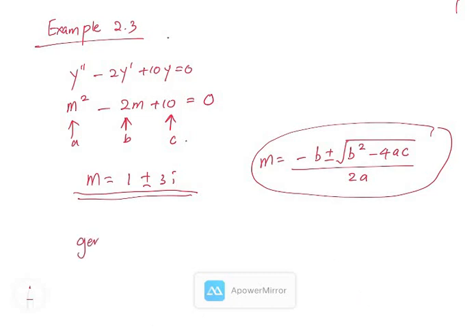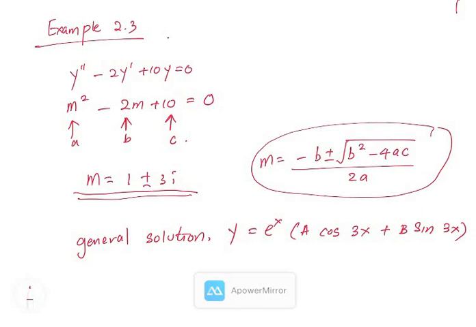So the general solution is y equals e to the power x, times a cos 3x plus b sin 3x. So this is the general solution for the complex number.